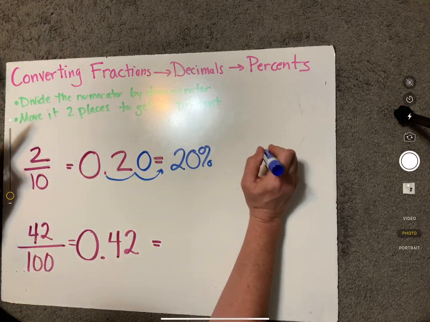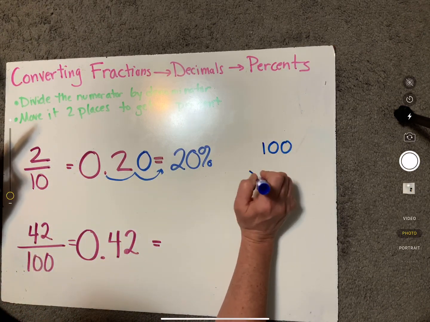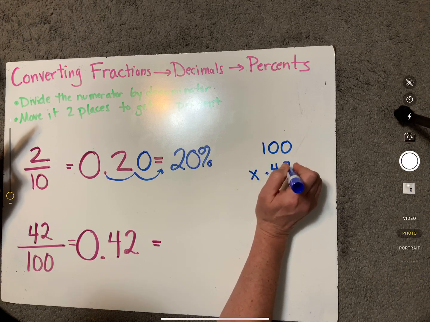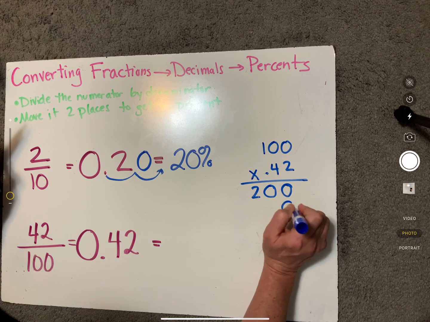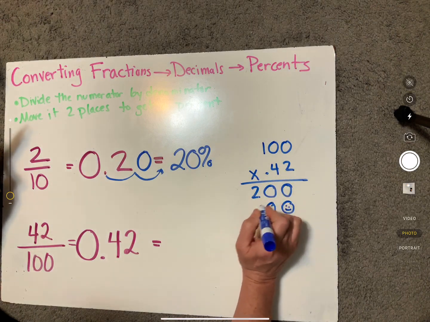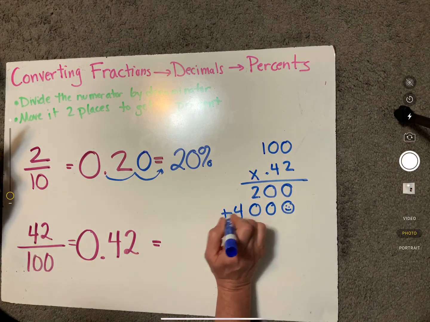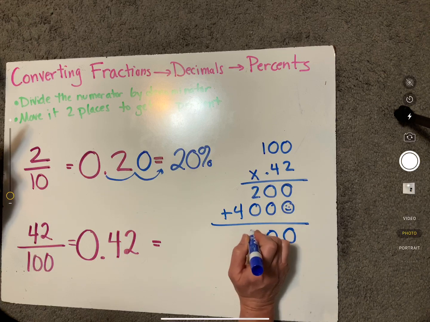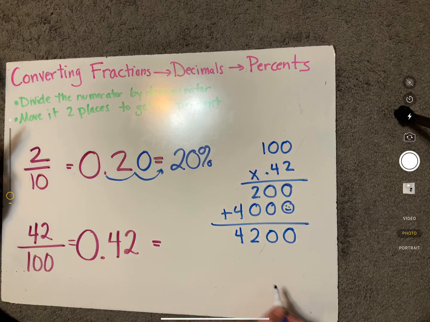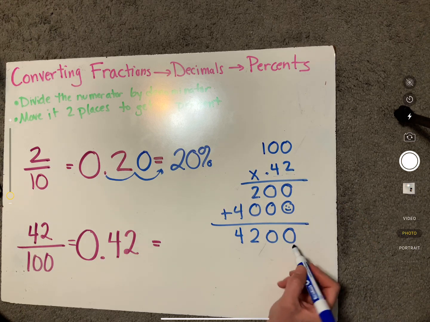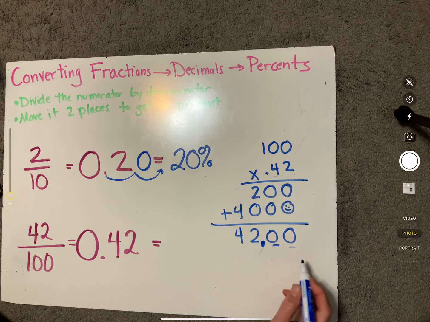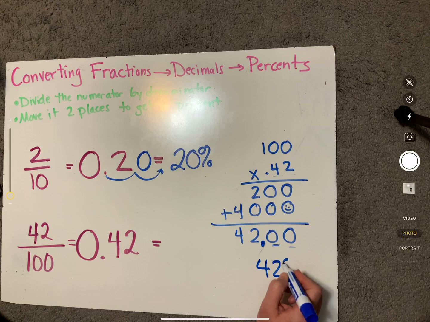We could multiply it by 100, right? So 0, 0, 2, magic 0, 0, 0, 4, 0, 0, 2, 4. Okay, and then we know that I have 2 places behind the decimal, 1, 2, so my decimal goes there. So it's going to be 42%.